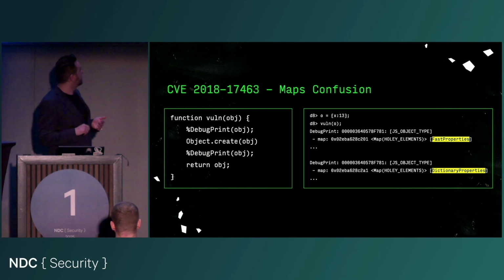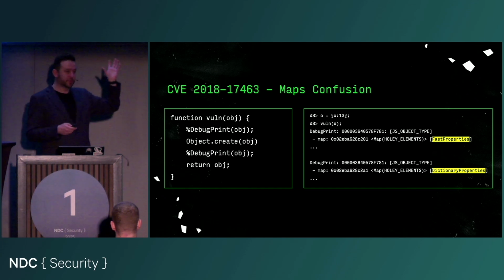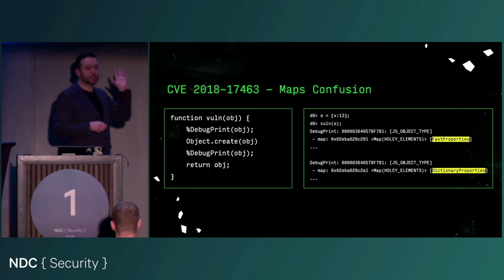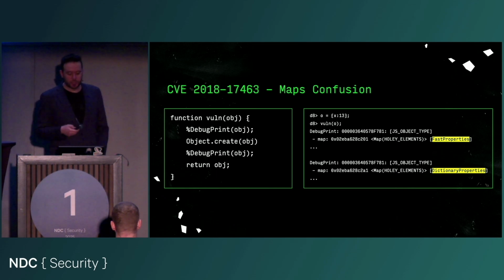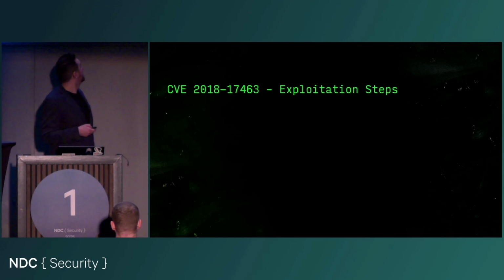After triggering the vulnerabilities, we have another types for the same map with the dictionary properties. So meaning the types has changed from TurboFan, from the JIT compiler perspective, even though the types in the function hasn't changed really. So we could abuse this fact by accessing memory out of bound.